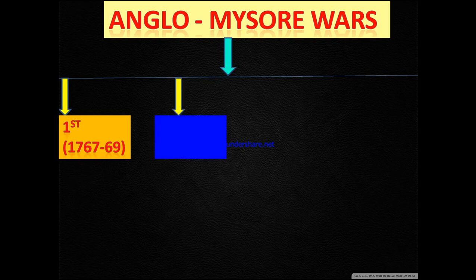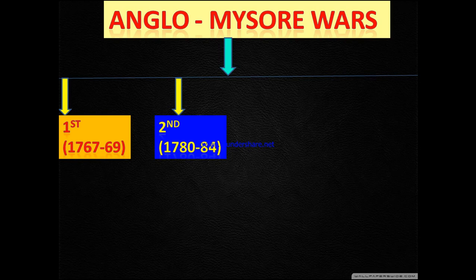The first Anglo-Mysore War happened from 1767 to 1769 between the East India Company and the Mysore rulers. Mainly at the time Mysore was under the control of Hyder Ali, and he fought with the East India Company. Then later there was a treaty between the two.